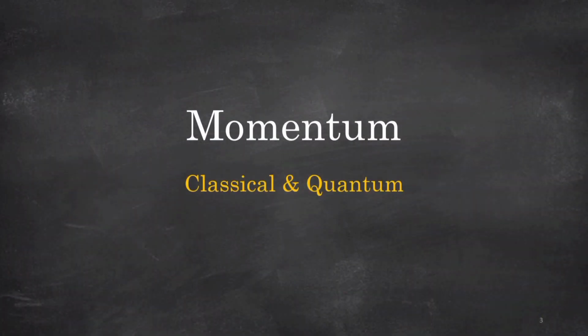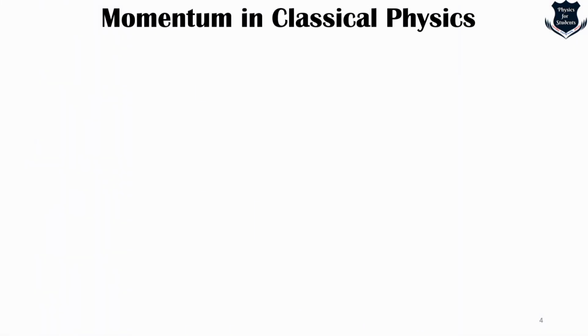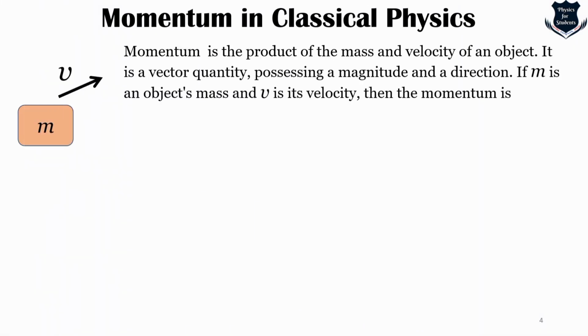So first let us see momentum in terms of classical and quantum and how this can be dealt with. Momentum in classical mechanics, more specifically called linear momentum or translational momentum, is the product of the mass and velocity of an object.